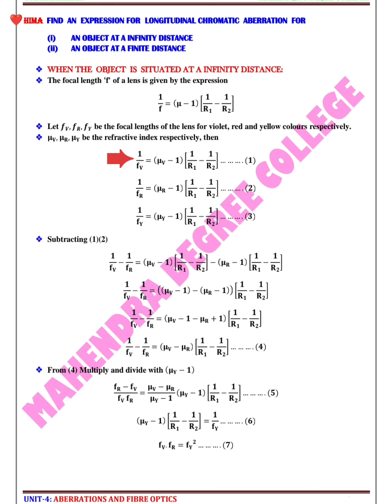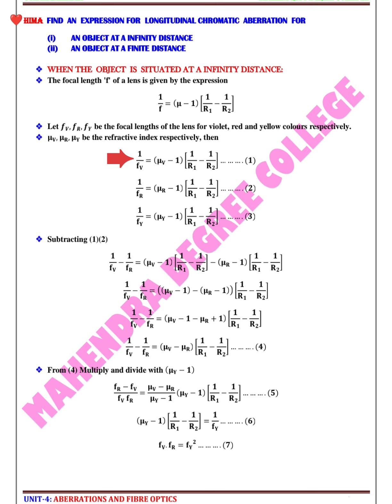For violet light, 1 by FV equals mu V minus 1 into 1 by R1 minus 1 by R2.